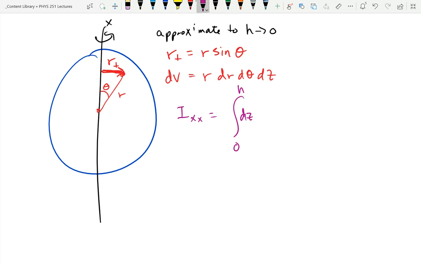And then the integral from 0 to 2 pi d theta, the integral from 0 to capital R, r dr, and then my integrand, which is r perpendicular squared rho.